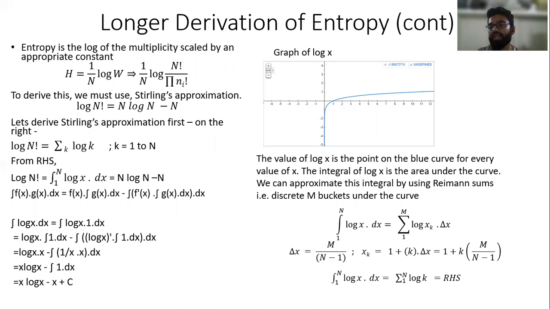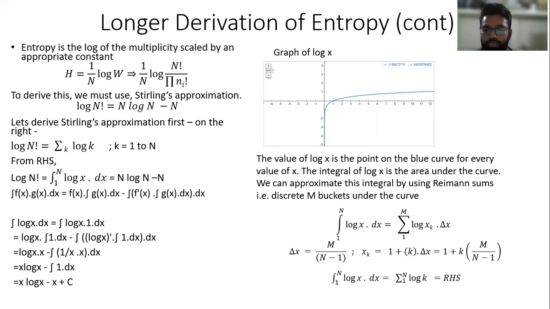Delta x is the width of these buckets, and it's fairly straightforward to show that delta x is m over n minus 1, m being the number of discrete buckets that we have, and n minus 1 because we're looking at the integral from 1 to n, this portion of the curve.